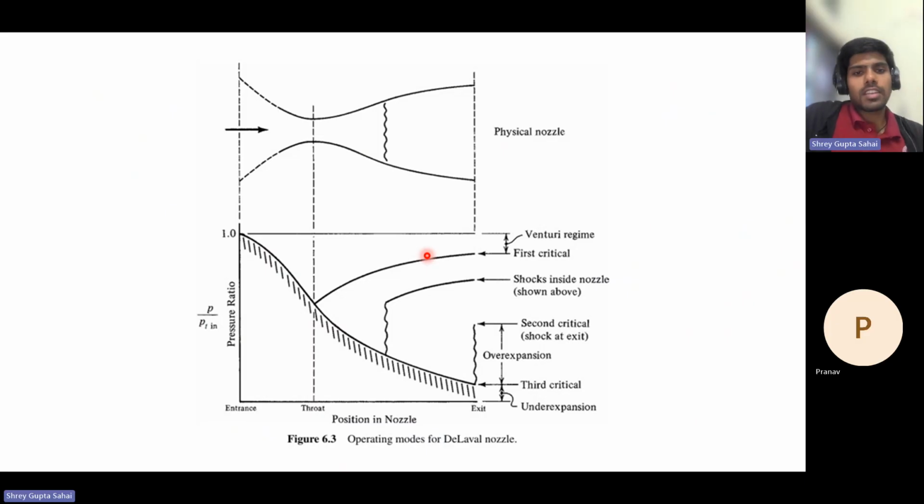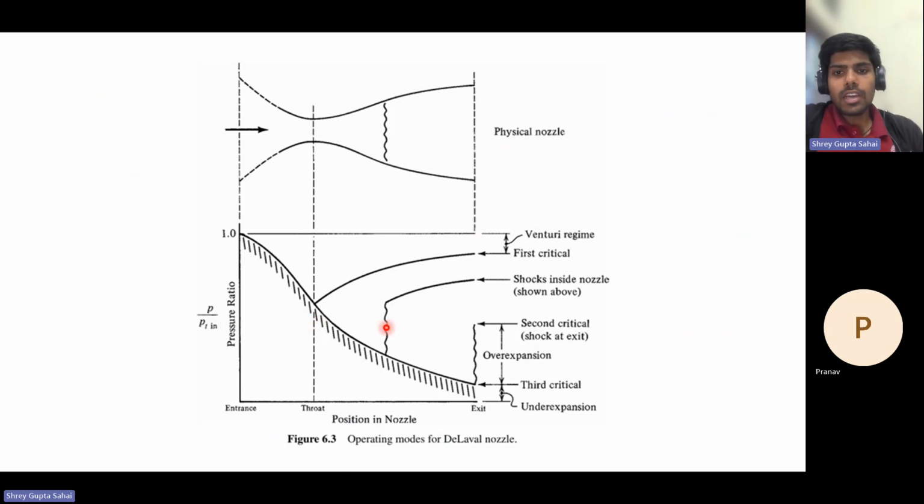If it's a small number, then the entirety of the flow remains subsonic. And if it reaches a critical value, then we'll see that there is a sonic flow at the throat. If we go lower than that, we'll see that a normal shock starts appearing, and as you decrease the pressure ratio, this normal shock will move towards the exit of the nozzle.